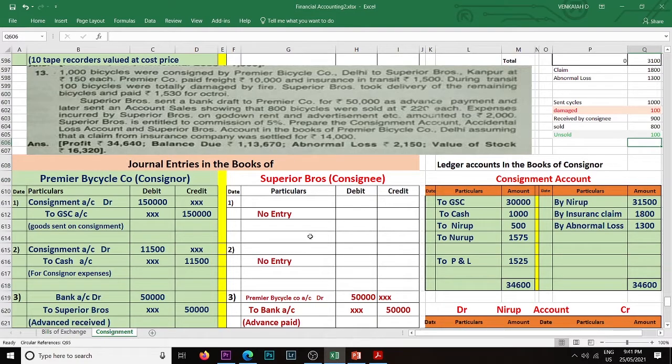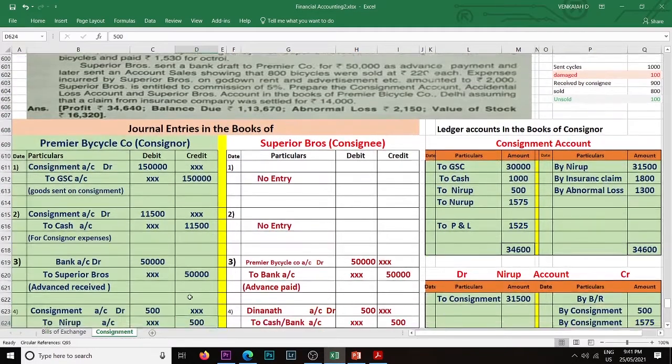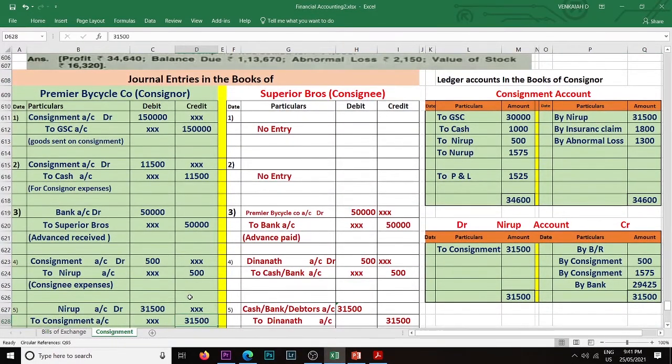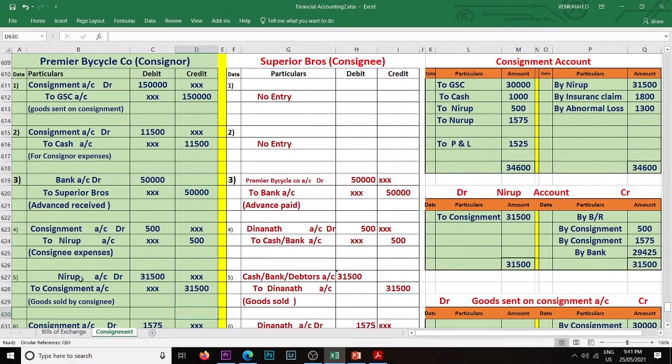Okay, right. First we will record sales. 800 bicycles, 220 each. Sales entry. Consignee account debit to consignment account.